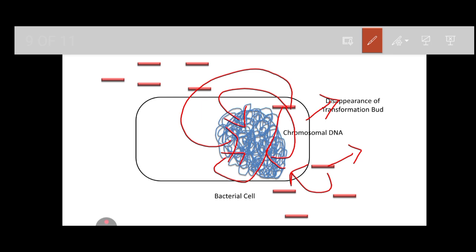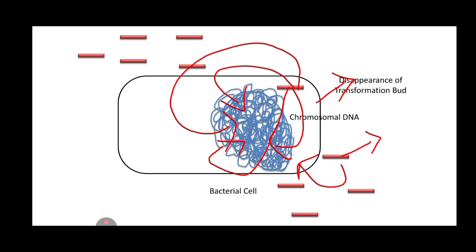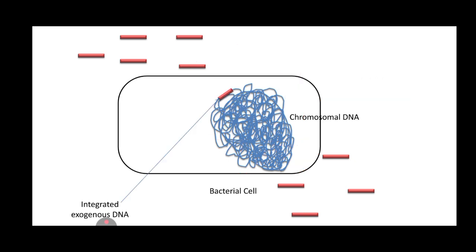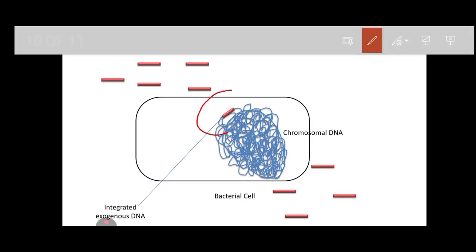Upon integration, this is the place where the newly entered DNA recombined with the bacterial chromosomal DNA. This is the site of integration, and the process of integration is facilitated by the integrase enzyme. You are supposed to remember all the key enzymes playing a major role in the entire process. This is very important to be noted by a student.